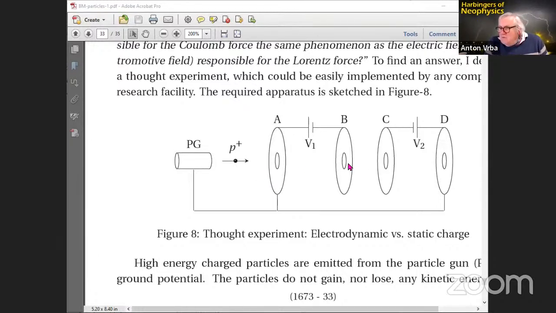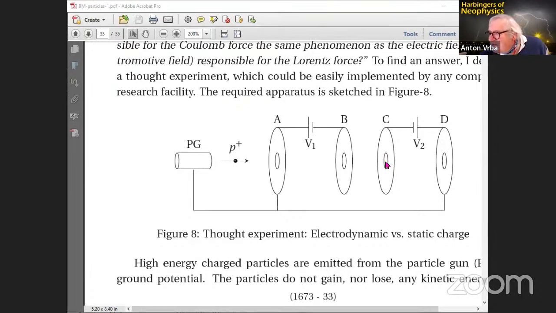Getting accelerated, so it's got a higher kinetic energy at point B than what it entered with at point A. That means the battery V1 must have delivered some energy, which means there is a current flowing from A to B. From B to C, the potentials are exactly the same, so there is no kinetic energy difference.